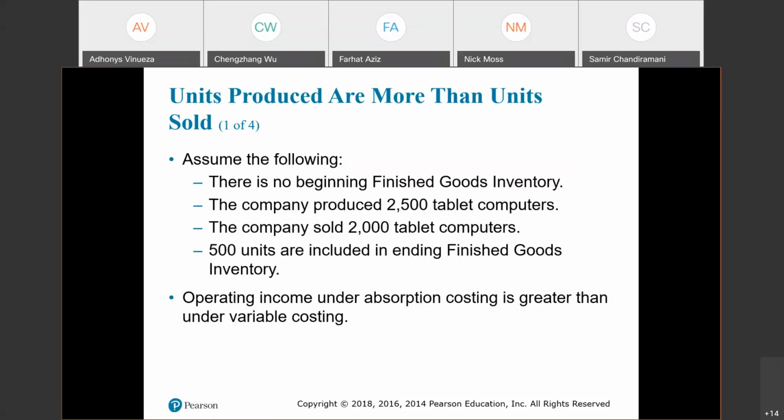Well, first of all, let me give you the brief conclusion. The conclusion is operating income under absorption costing is greater than under variable costing.